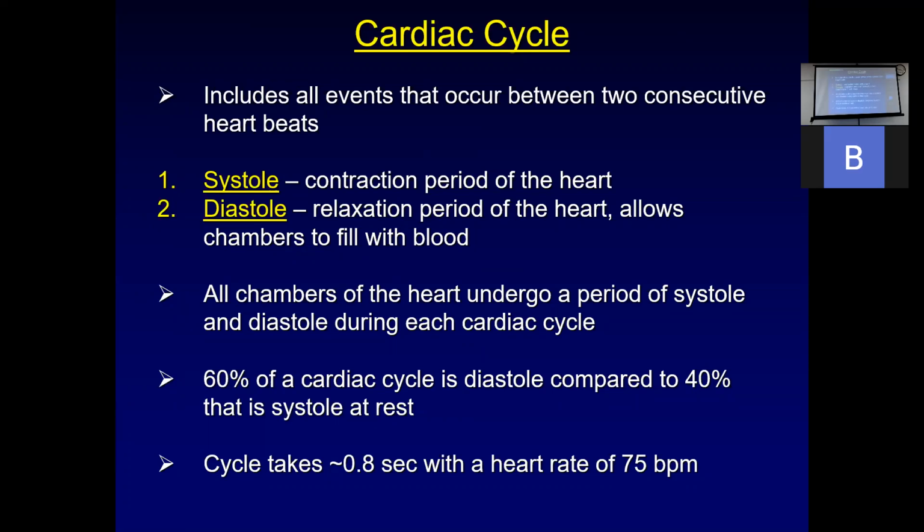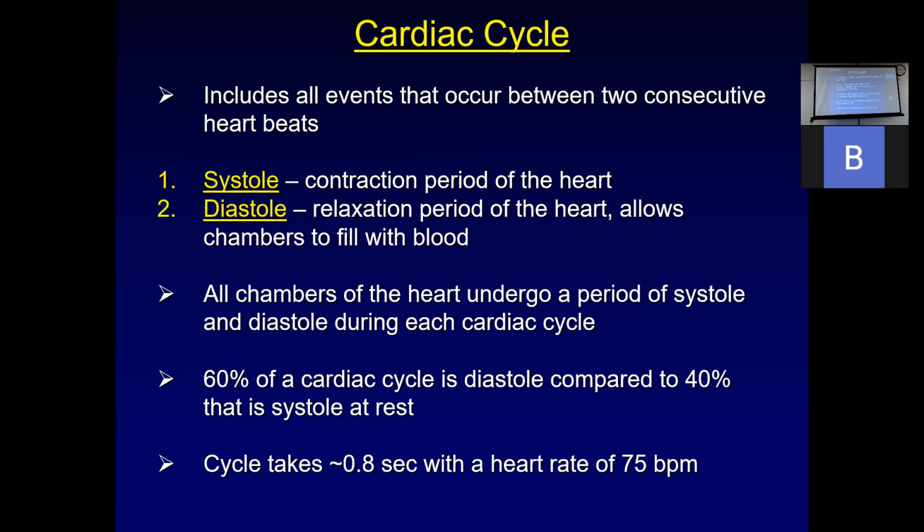During one cardiac cycle, all four chambers will experience a period called systole, and all four will experience a period called diastole. Systole denotes contraction. That's when the chamber is contracting. Diastole denotes relaxation.